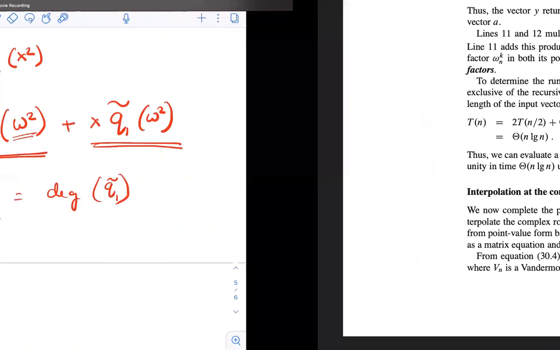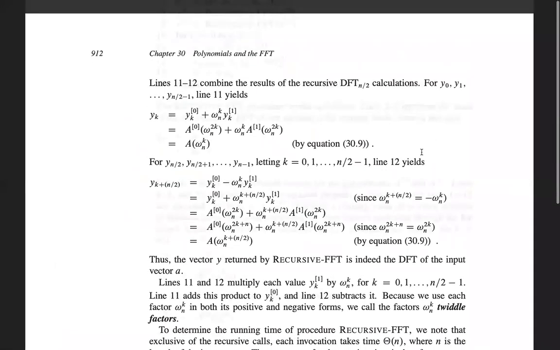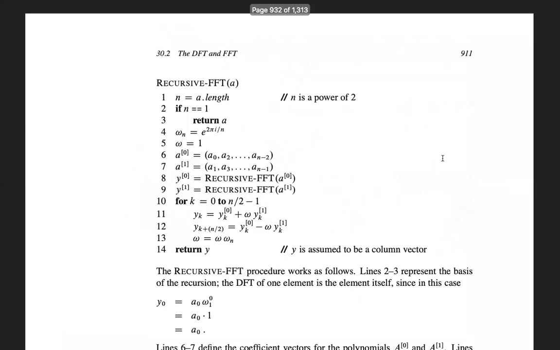So maybe here I've just actually opened up this algorithm. See here, this is from the book of CLRS, the FFT. First of all, they have the nth roots of unity, omega n, and they have this A, which is the set of coefficients.